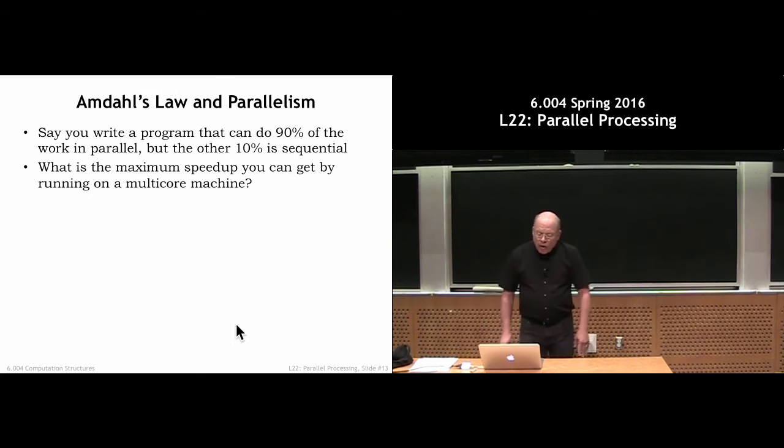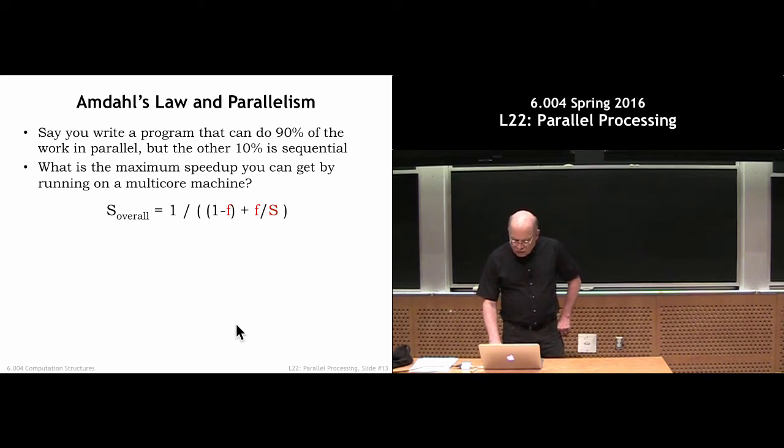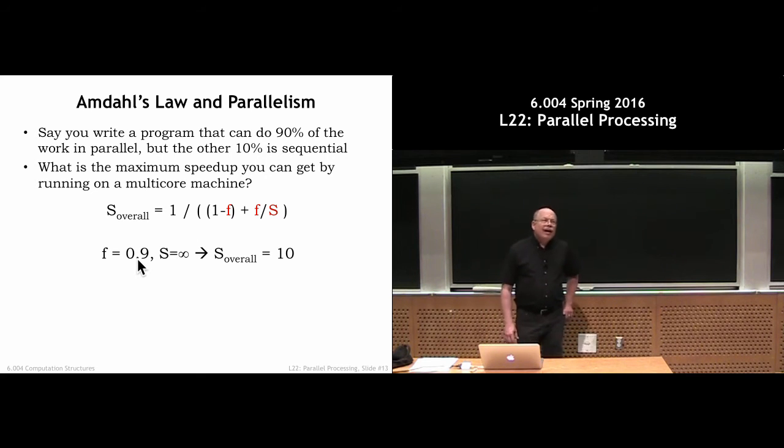Alrighty, so suppose I have a multi-core system, and I'm offering to speed up things. Here's the overall speed up. Suppose I take 90% of everything I'm doing and I'm able to speed it up almost infinitely. I can make it almost free to do.